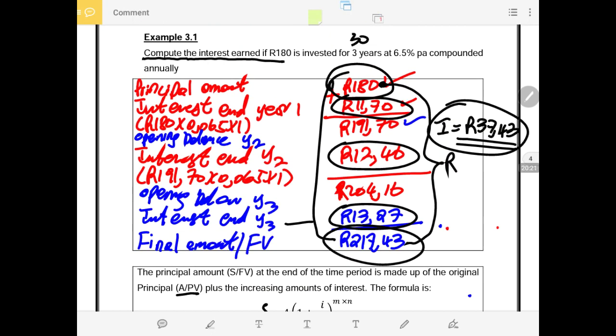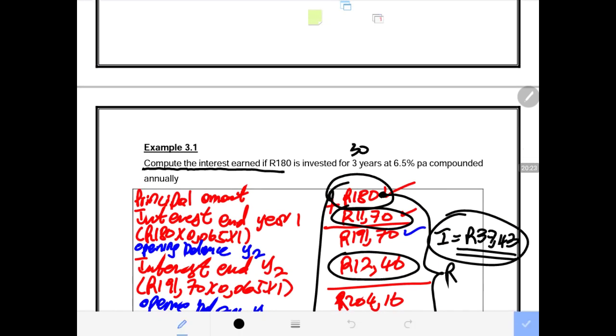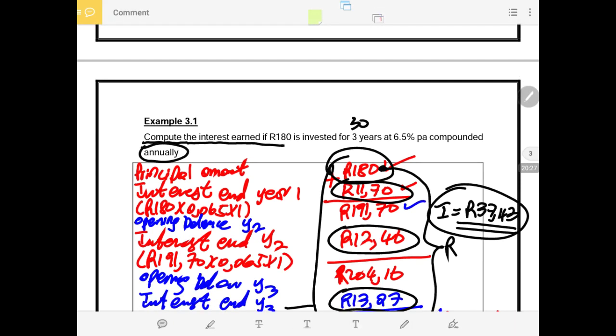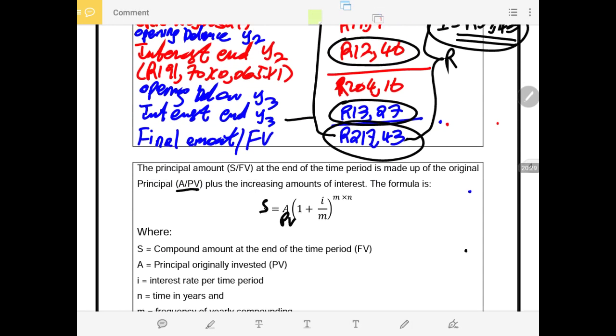And in this scenario, we're told that interest is compounded only once a year. That means annually. That means our m will be 1 because we only earn interest at the end of the year. It's not every 2 months, not every 6 months, not every 4 months, not every 3 months or every quarter.